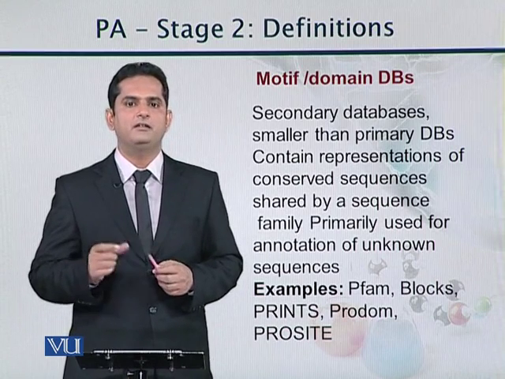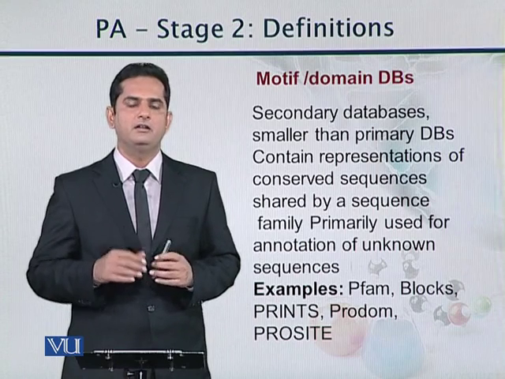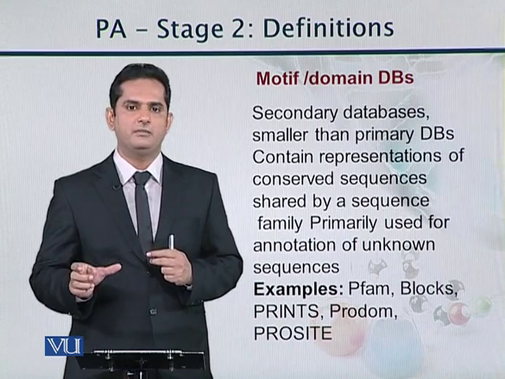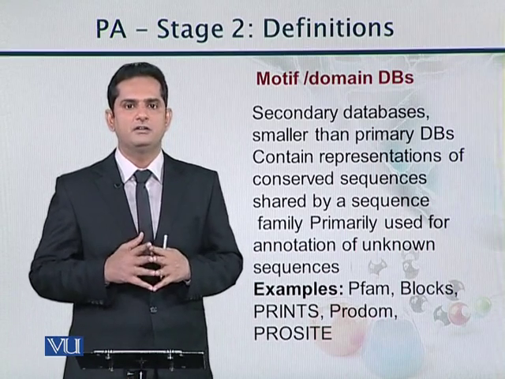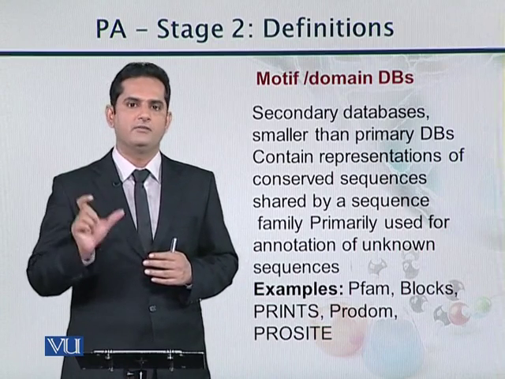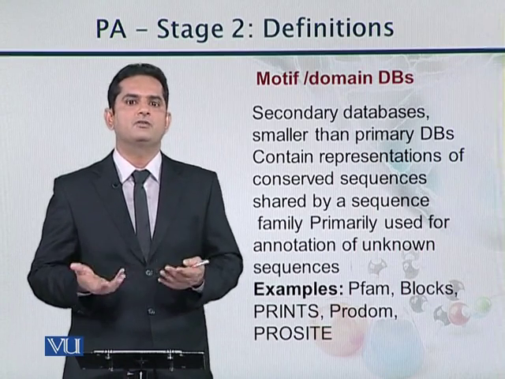Because they are not directly taken from protein sequences. They are basically taken from primary databases, and then they are changed from those primary databases. How are they changed? As I said earlier, we find out conserved regions from a given protein, and based on that conserved region, we make another database which is called a secondary database.